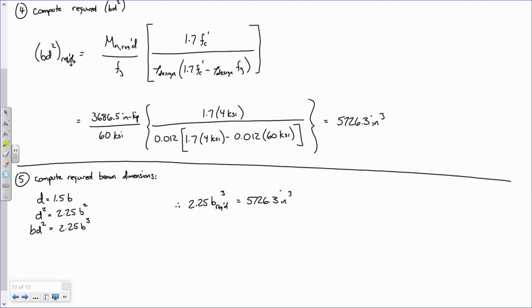So I've got this. How do I solve for B? So B required is 5726.3 inches cubed. I take that and I divide it by 2.25, and then take it and raise it to the 1/3.